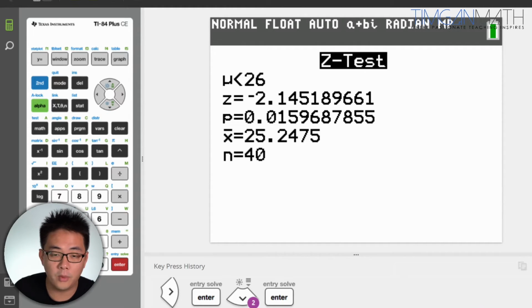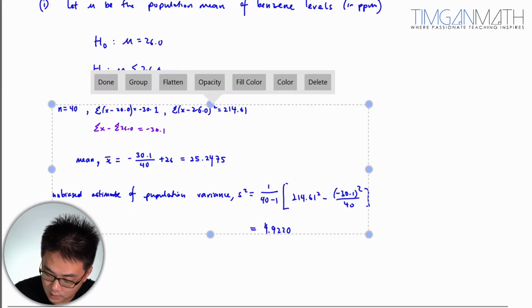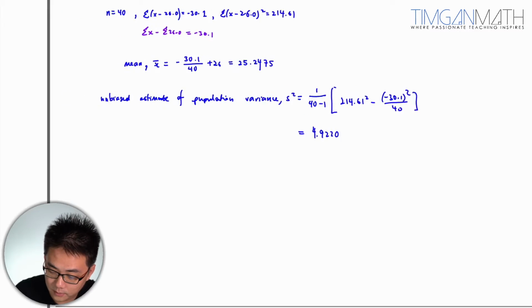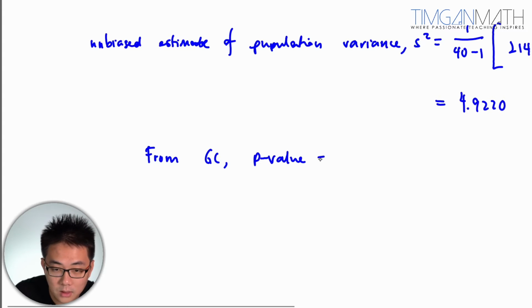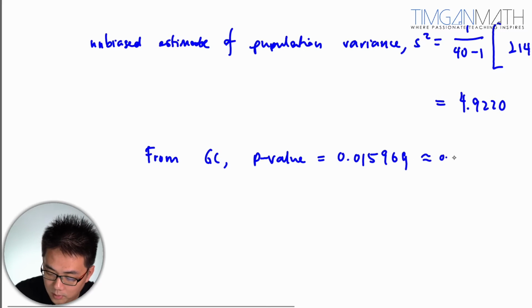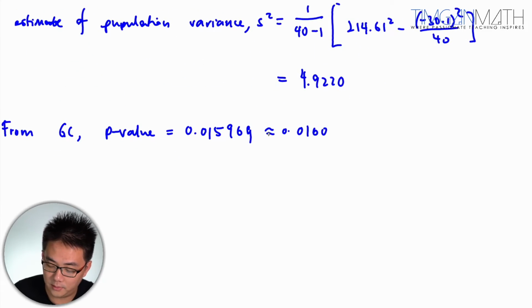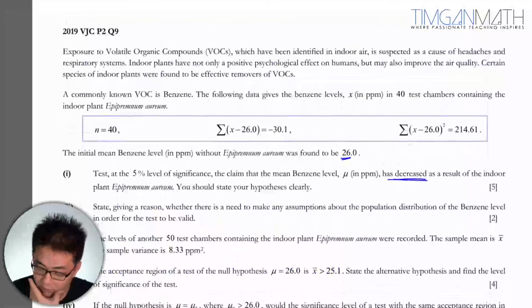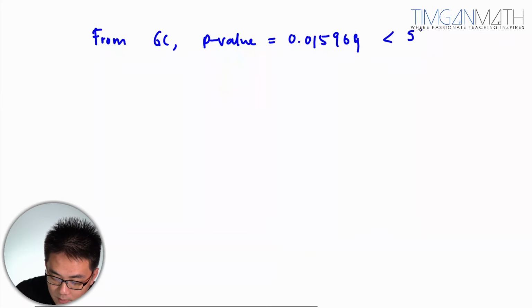Calculate it out, and the p-value is 0.015969, from the GC. The p-value is equal to 0.015969, which is approximately 0.0160, but you don't really need that. It's less than the alpha percentage, which is 5%, so this is less than 5%.